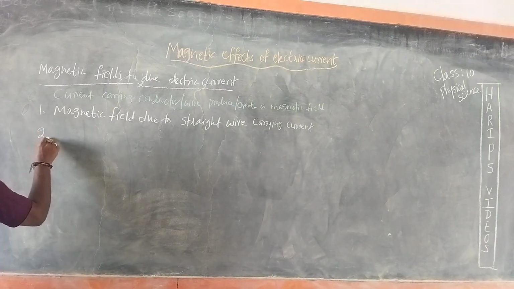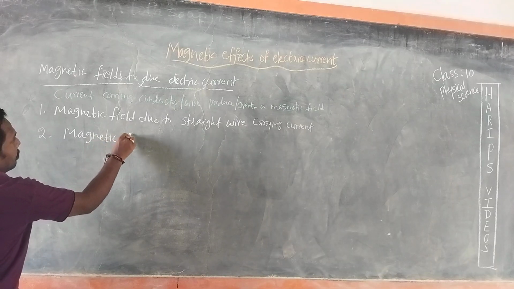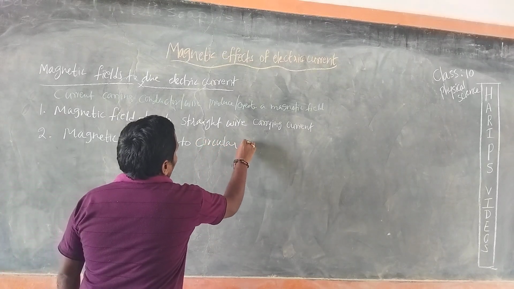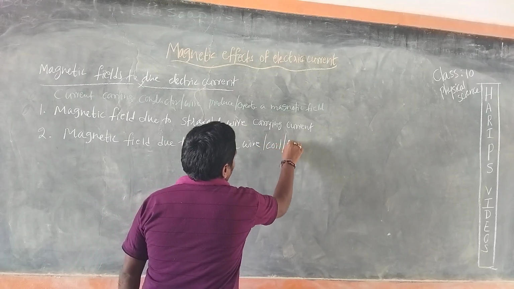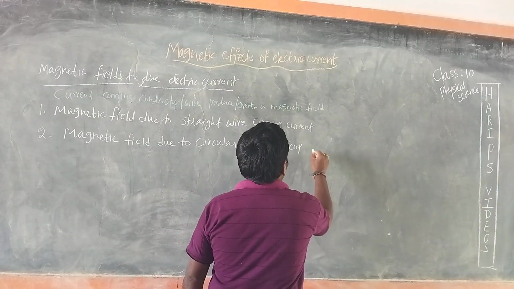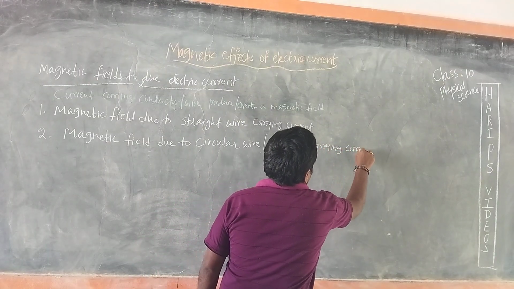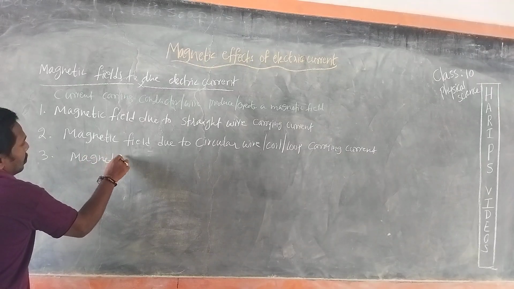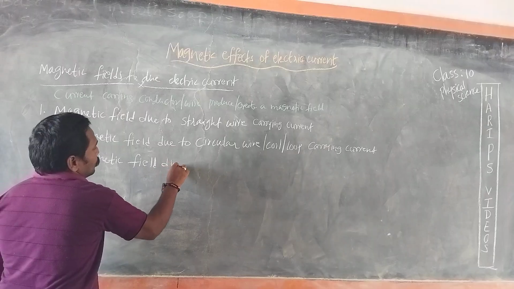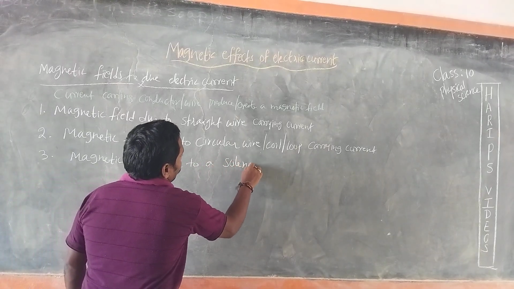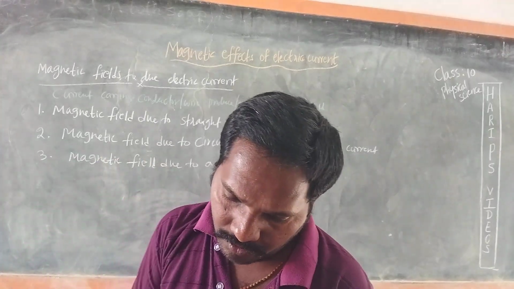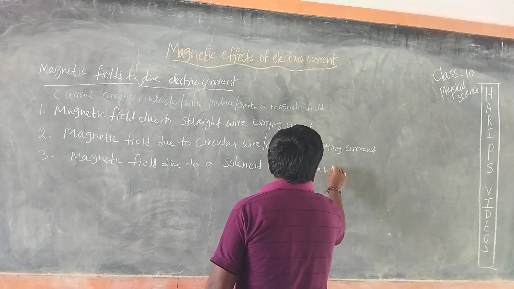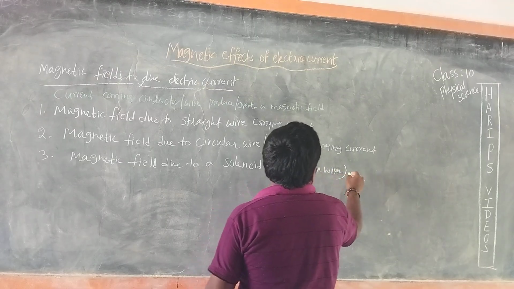The second one is the magnetic field due to a circular wire or coil or loop carrying current. Then the other one is the magnetic field due to a solenoid, a long coil of wire carrying current.